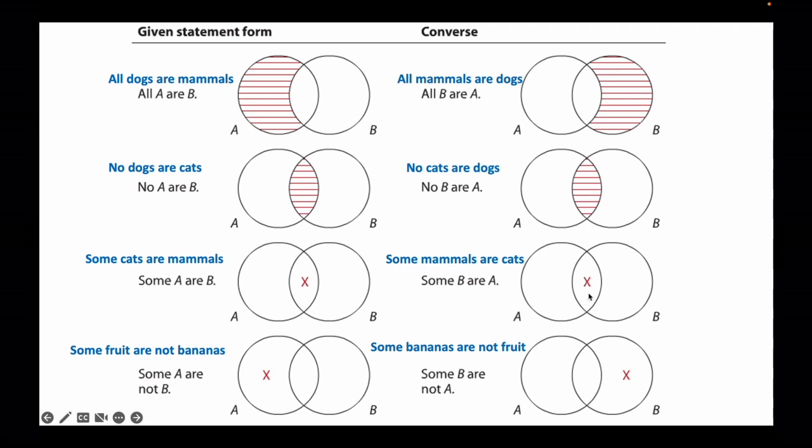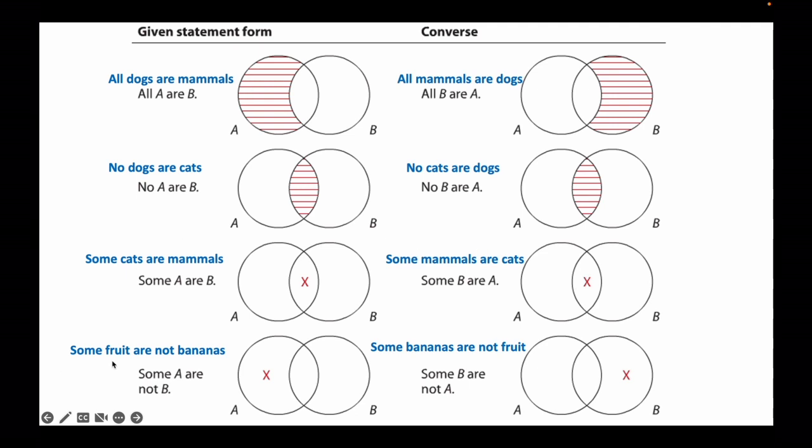And as you can see, in the E form the truth is equivalent. It's preserved in the converse form. Some cats are mammals is equivalent to some mammals are cats. As you can see, they're identical.